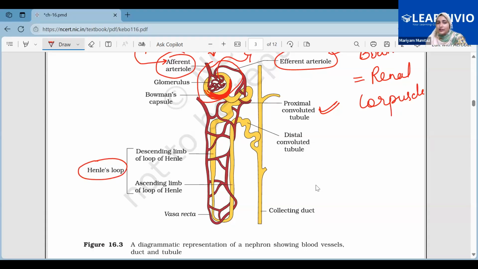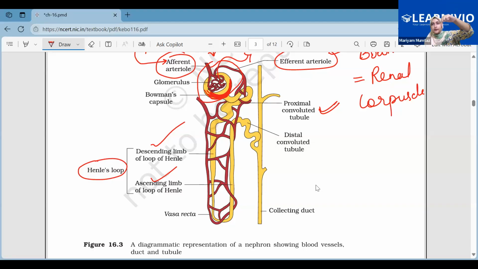Henle's loop has two parts, the descending limb and the ascending limb. Now, what does descending mean? Top to bottom or bottom to top? Descending means higher to lower. So firstly, after the PCT, meaning after the proximal convoluted tubule is over, it will go down.